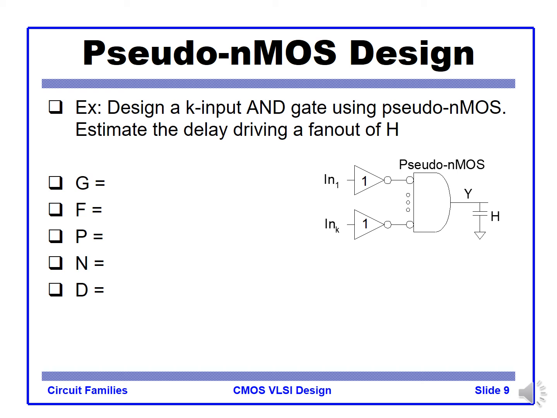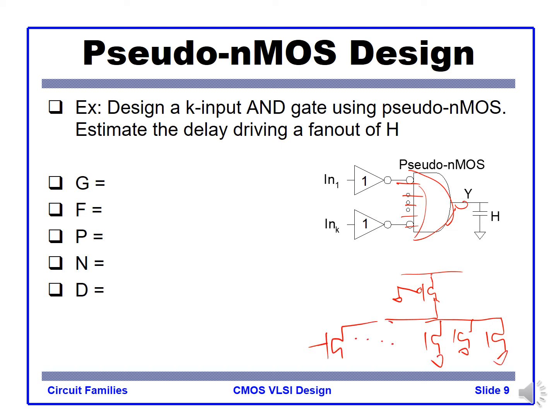So for the NMOS design, this is the example of a large fan-in pseudo NMOS. Here, this is like an OR gate, a multiple fan-in OR gate. So you have a PMOS to ground gate, and we have many parallel inputs, right?